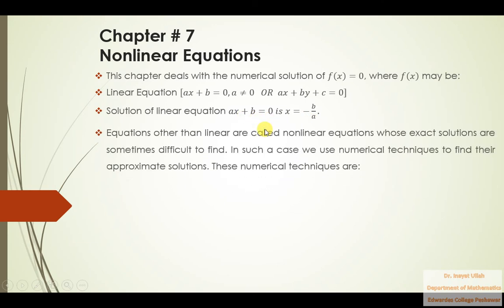Now equations other than linear equations are called non-linear equations. Probably these are algebraic equations in which the power of x may be negative, maybe a fraction, maybe x is in the square root, and so on.